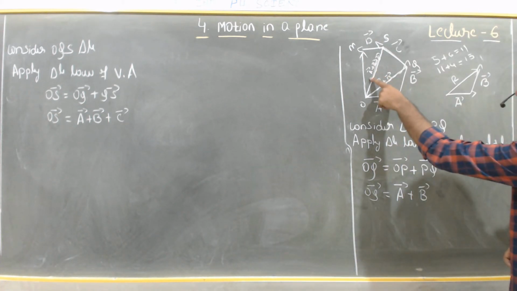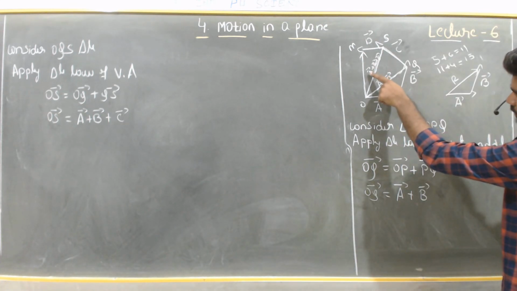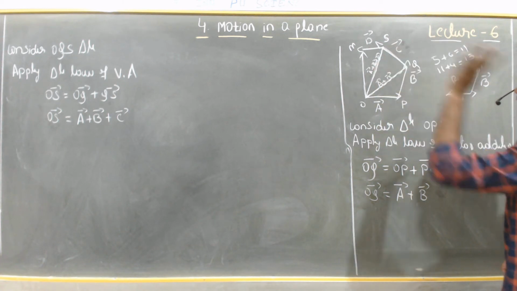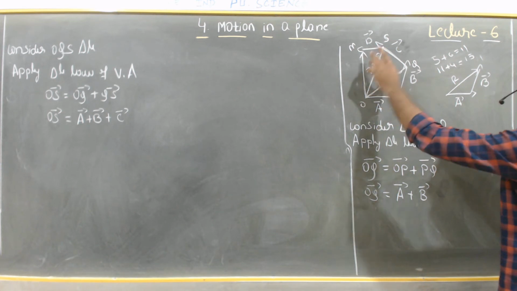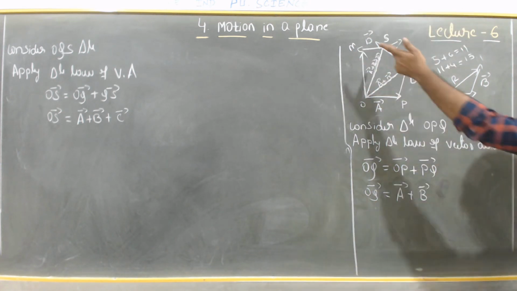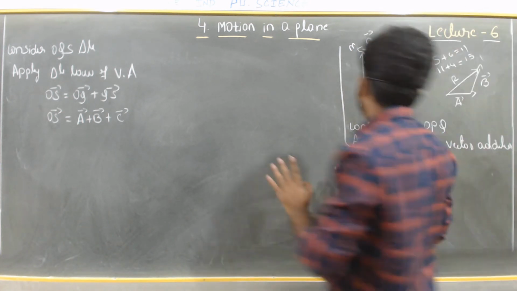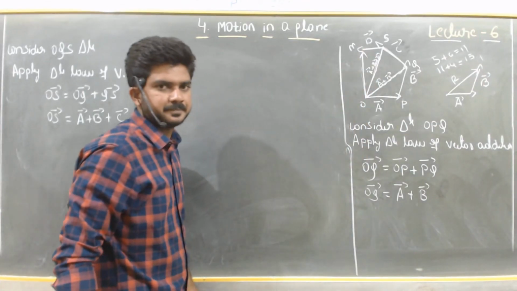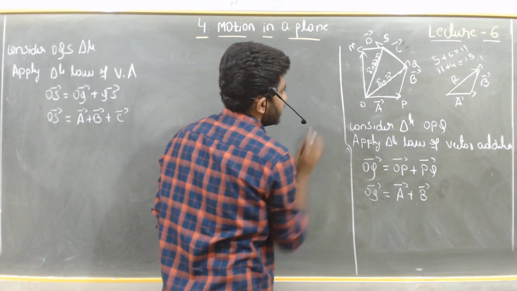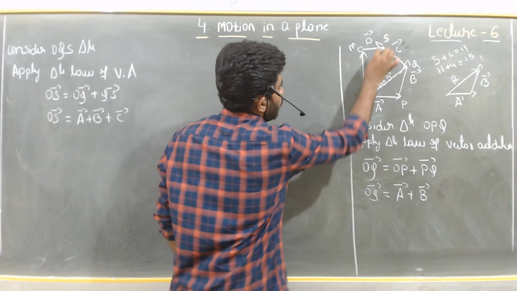I'll write here A plus B plus C. ಹೌದ್ರಿ ಇಲ್ಲಿ ಕಾಣಲ್ಲ ನಿಮ್ಗೆ, but here I have written vector A plus vector B plus vector C. So next again this resultant vector should be added with the next vector. Next vector we have the D vector. So for that already we have drawn one closing side. Again we can see another triangle OSM.